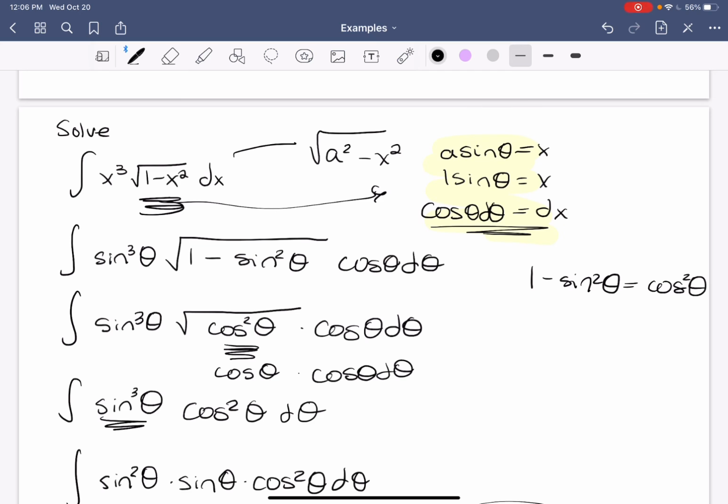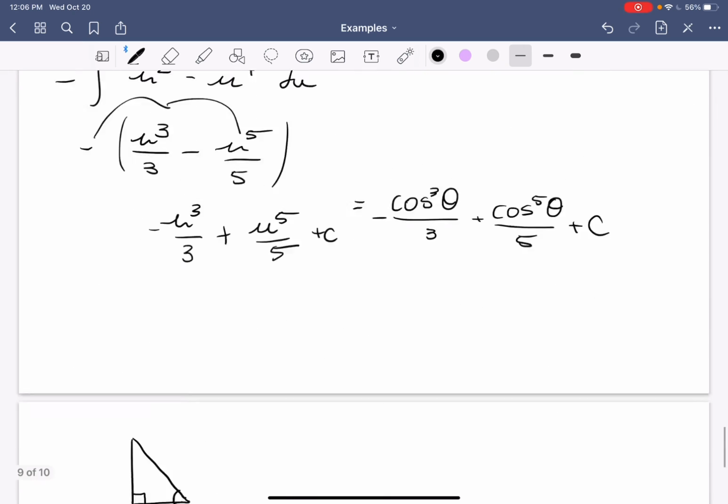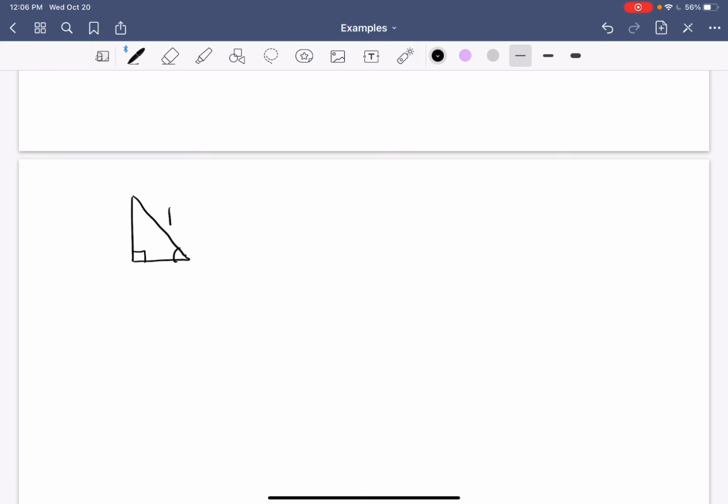We stated that sine theta is equal to x, or sine is equal to x over 1. Sine is opposite over hypotenuse. So that would make this 1, this x.